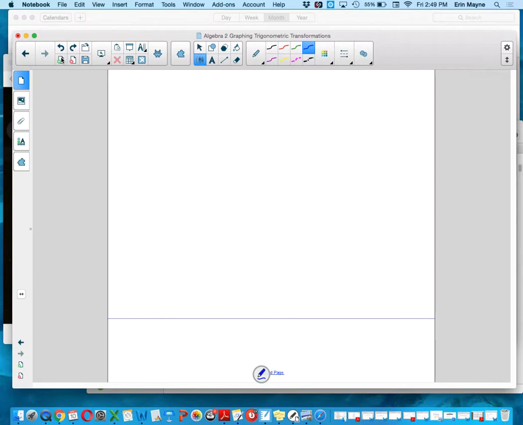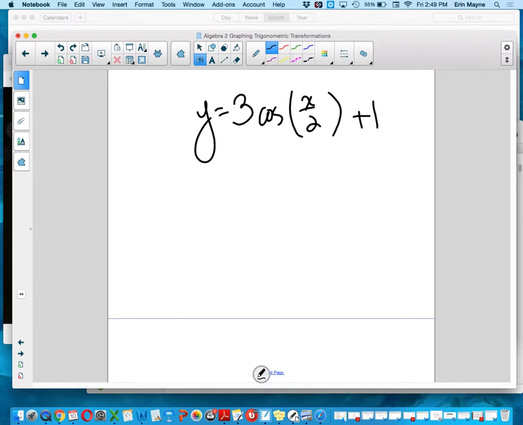Alright. So we're going to start with cosine, but this time we're going to go like this: 3 cosine of x over 2 plus 1. Now, these are not in your notes. So similar to yesterday, I want you to go to the back of your packet because I want you to have these as reference. These will probably be the last 2 that you're just drawing from scratch.